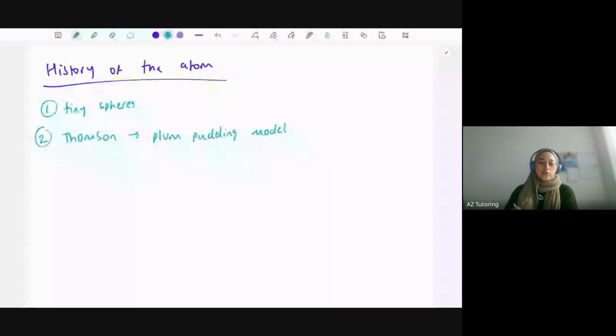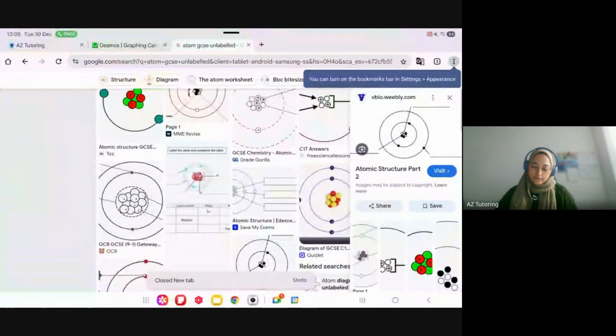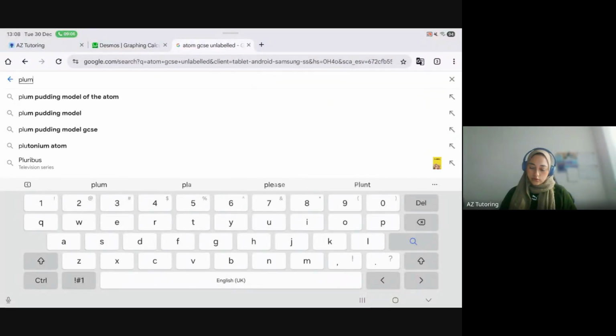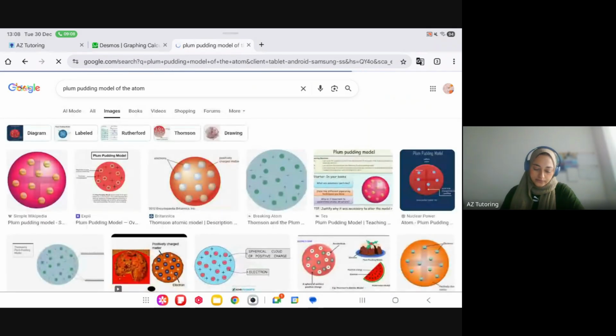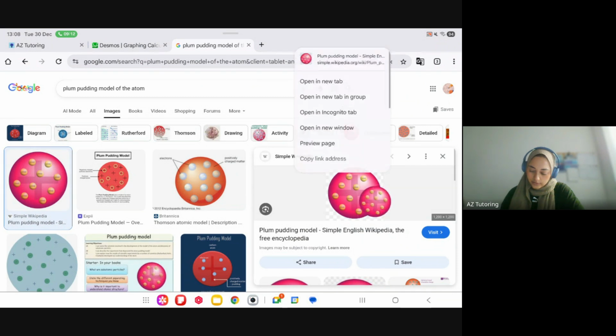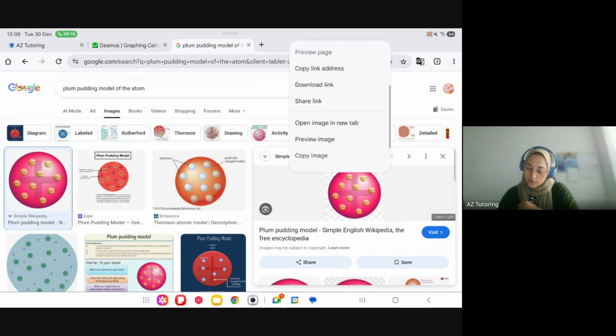Now, what the plum pudding model is, if I can just get a picture actually rather than drawing it. Plum pudding model. So as you can see, I'll just put that on here. This is not how we accept it today.